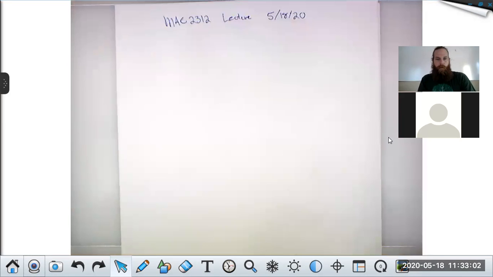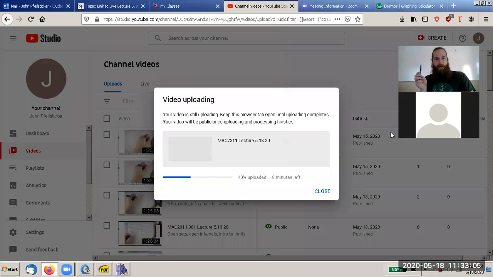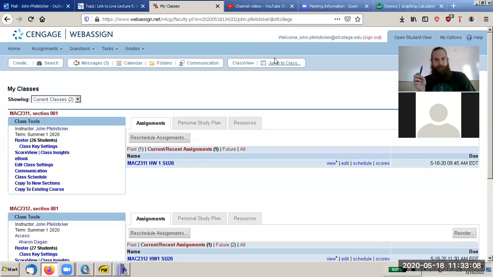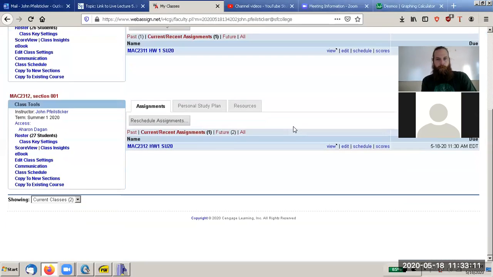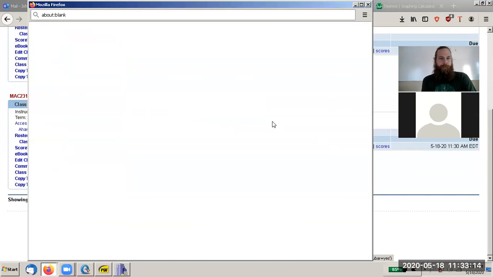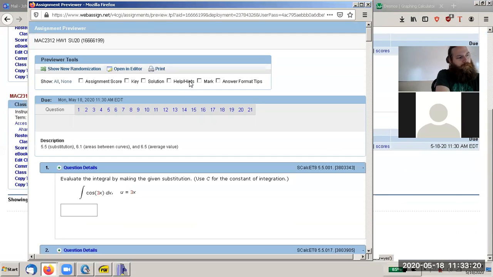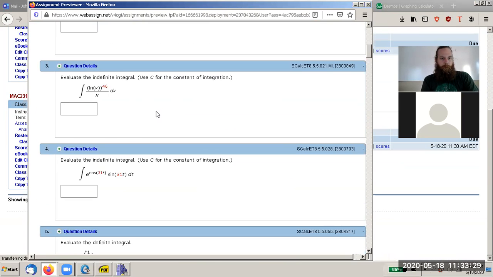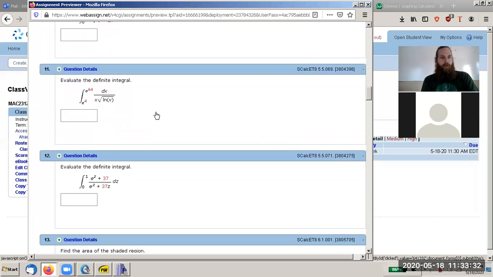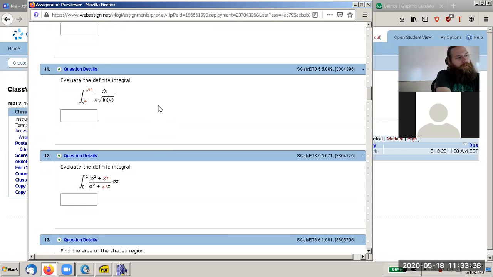Yeah. 11 and 19. Okay. All right. So number 11 asks us to evaluate the definite integral from e to somewhere to e to something else.